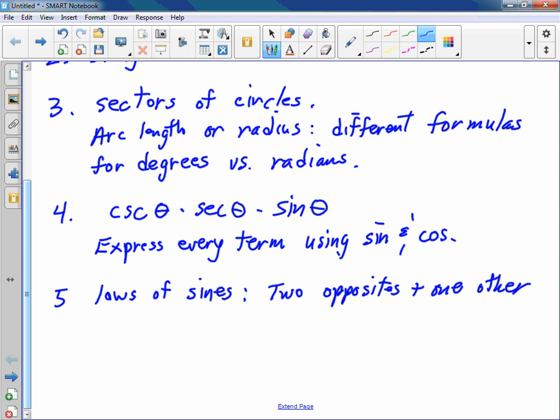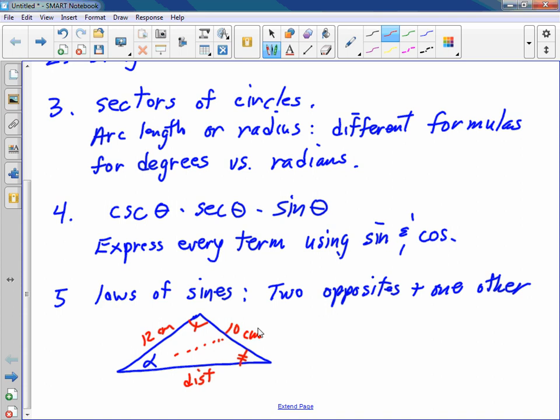I guess by that I'm saying if you have some kind of funky, weird triangle and you know some angle, and if you know the length of the opposite side, and then you know one of anything else, if you know this angle, or if you know this distance, anything else in addition to these two, then you use the law of sines.